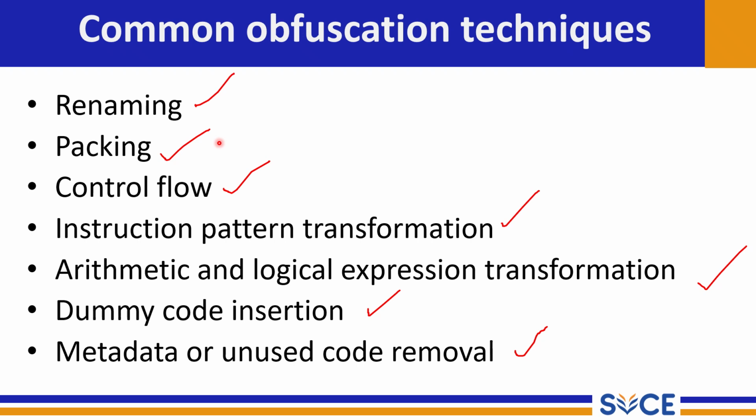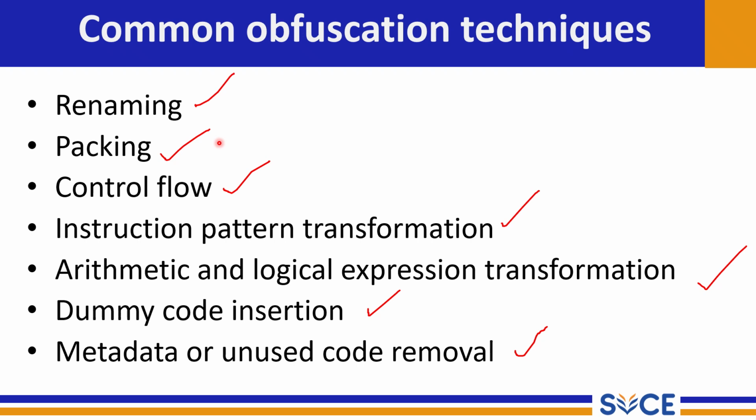And next, control flow. The code's logical structure is changed to make it less traceable. The decompiled code yields some non-deterministic semantic results, and it is made to look like static logic. This logic is unstructured and therefore hard for a hacker to understand or take advantage of. And next, instruction pattern transformation.